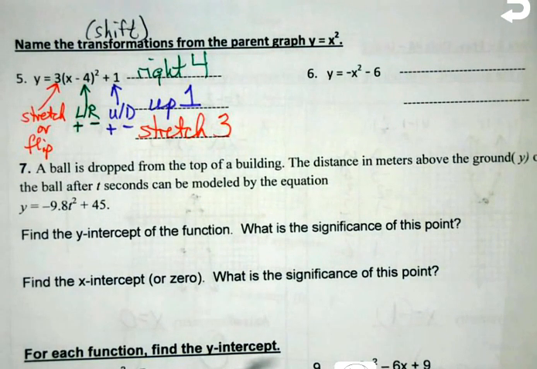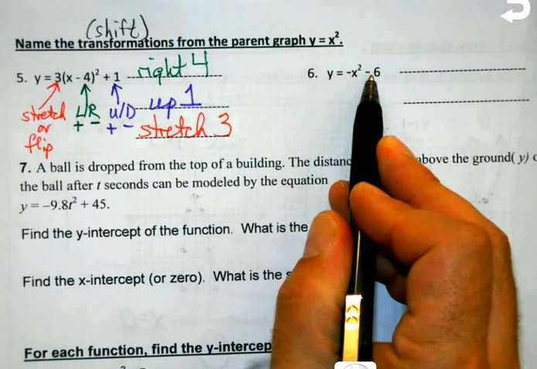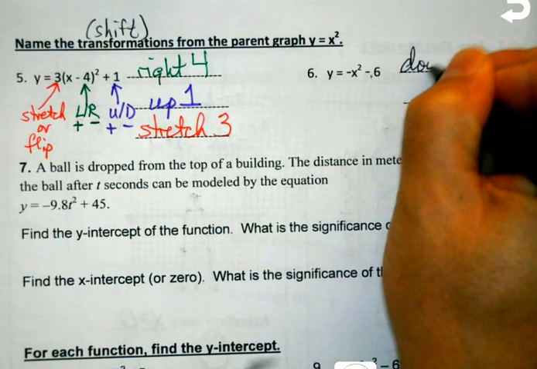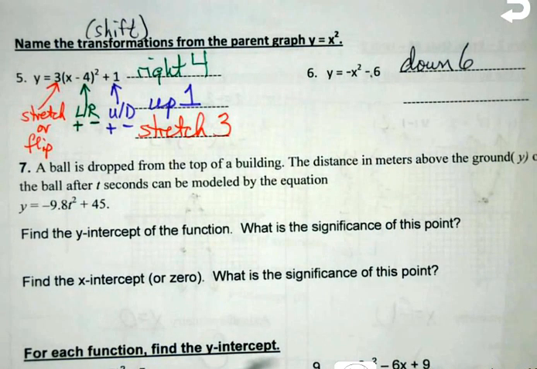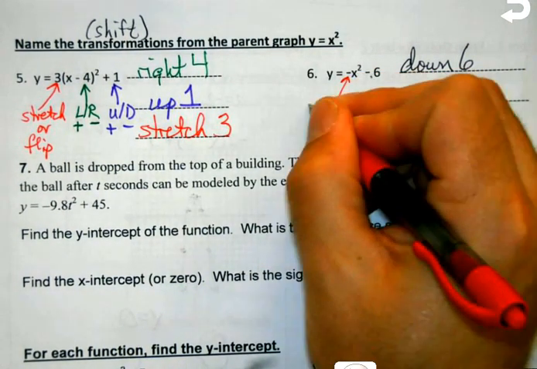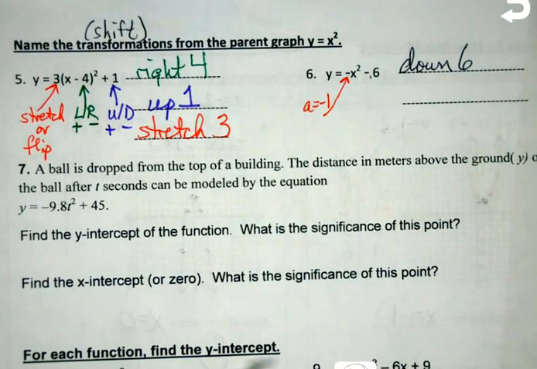But when we do those same ones on number 6, ooh, now this is the tricky part. What's the -6 mean? Nice. Down 6. It's not in the parentheses. But this time, nope.